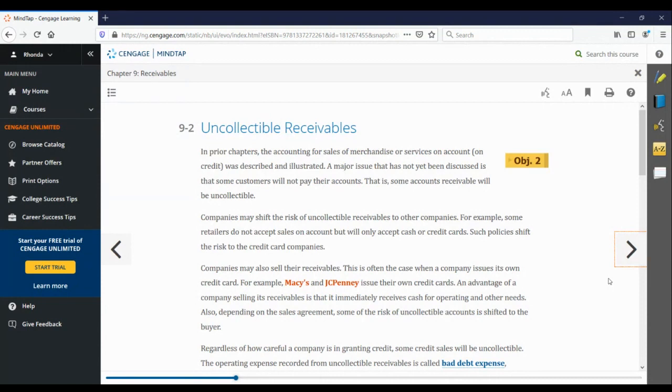And if they cannot pay the amount, then it will become an uncollectible account. And we have to know how to record that on our books should we have a customer that cannot pay us the accounts receivable that they owe to us.